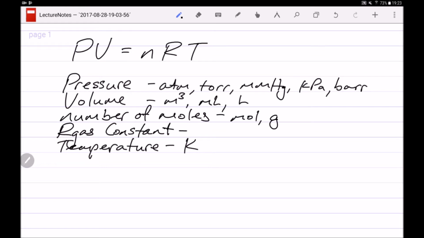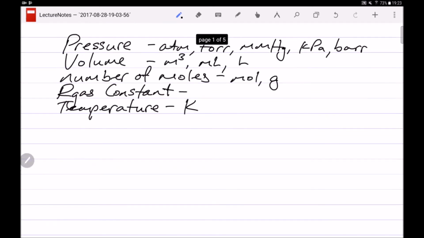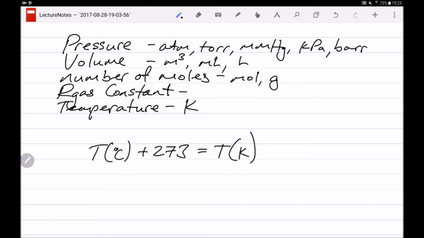Temperature can only be in Kelvin. So when you're doing an ideal gas equation problem, your temperature has to be in Kelvin. How do you do that? You take whatever temperature it is in degrees Celsius and you add 273, and that will give you the temperature in Kelvin.